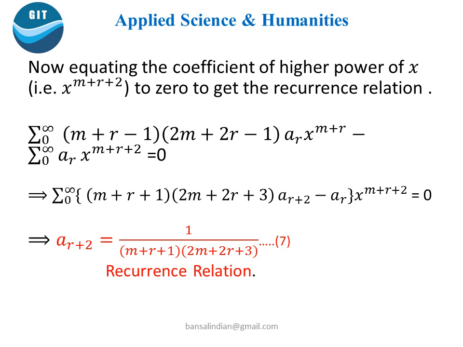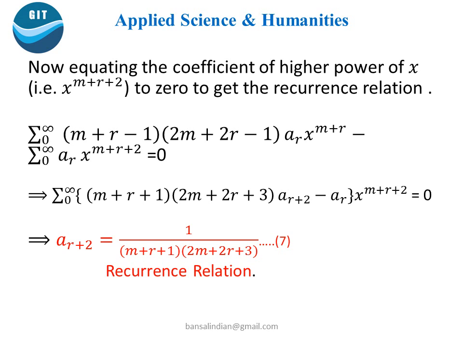On equating the coefficient of x to the power m + r + 2, in order to get that, we'll have to put r equals r + 2 in the first term. So we'll be having summation r equals 0 to infinity [(m + r + 1)(2m + 2r + 3) a_(r+2) - a_r] x^(m+r+2) equals 0. Simplifying this, we'll get a_(r+2) equals 1 upon (m + r + 1)(2m + 2r + 3) times a_r, which is the recurrence relation.